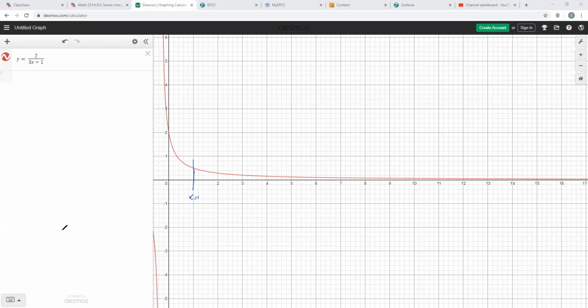Correct. We're worried about the right side. Actually, there's a discontinuity at the vertical asymptote over here, where the bottom part equals 0, but that's at x equals -1/3, and so we don't care about that. So it is continuous for x greater than or equal to 1. And what else? What's the missing one?